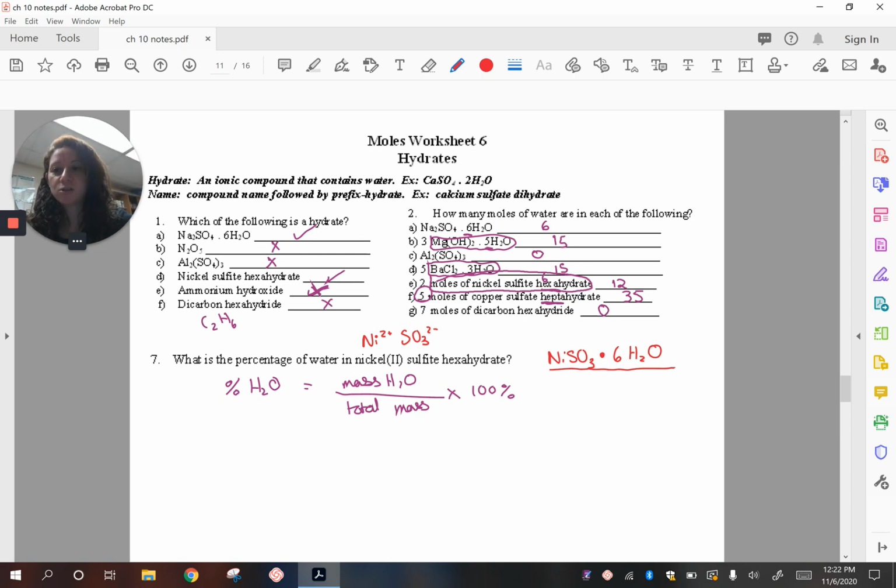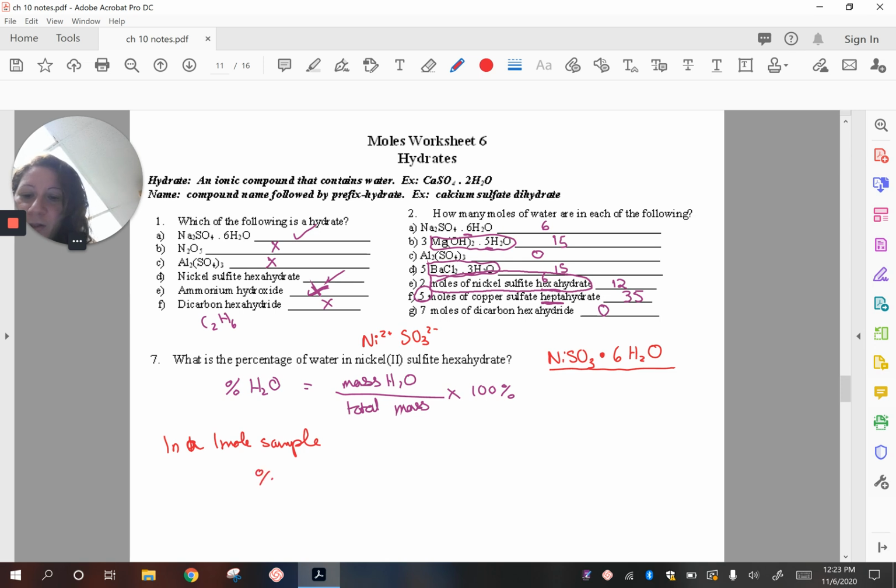Here, I would suggest to look at 1 mole because we can find the molar mass of both the water and the whole compound here. So I'm going to look at a 1 mole sample. So in a 1 mole sample, percent water would be: if I had 1 mole of this whole thing, I would have 6 waters.